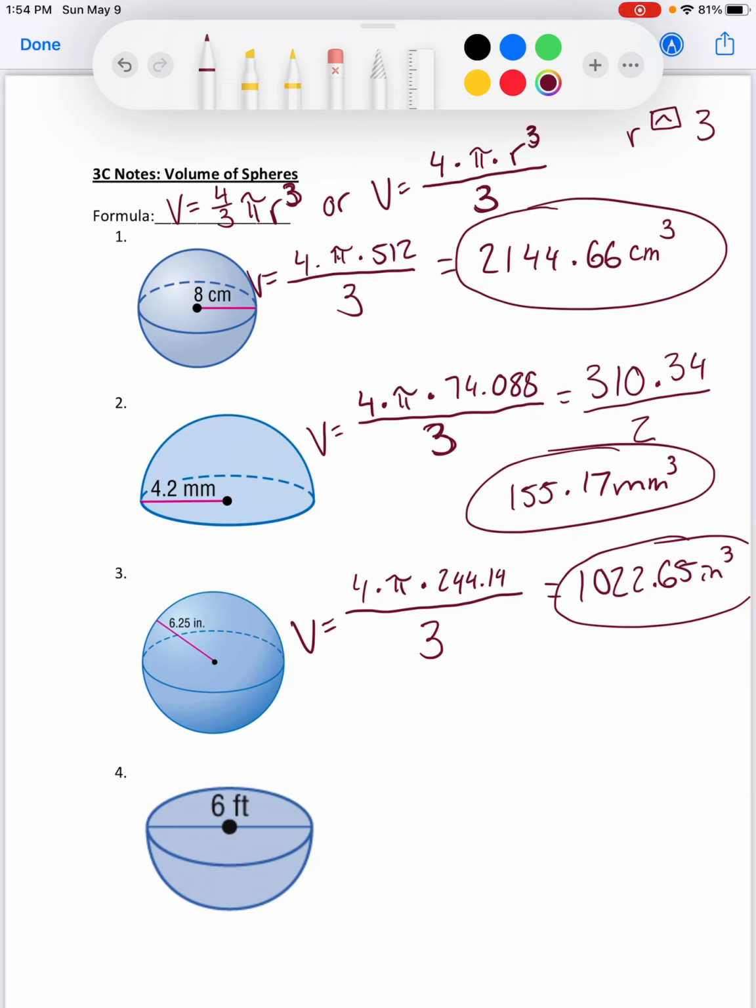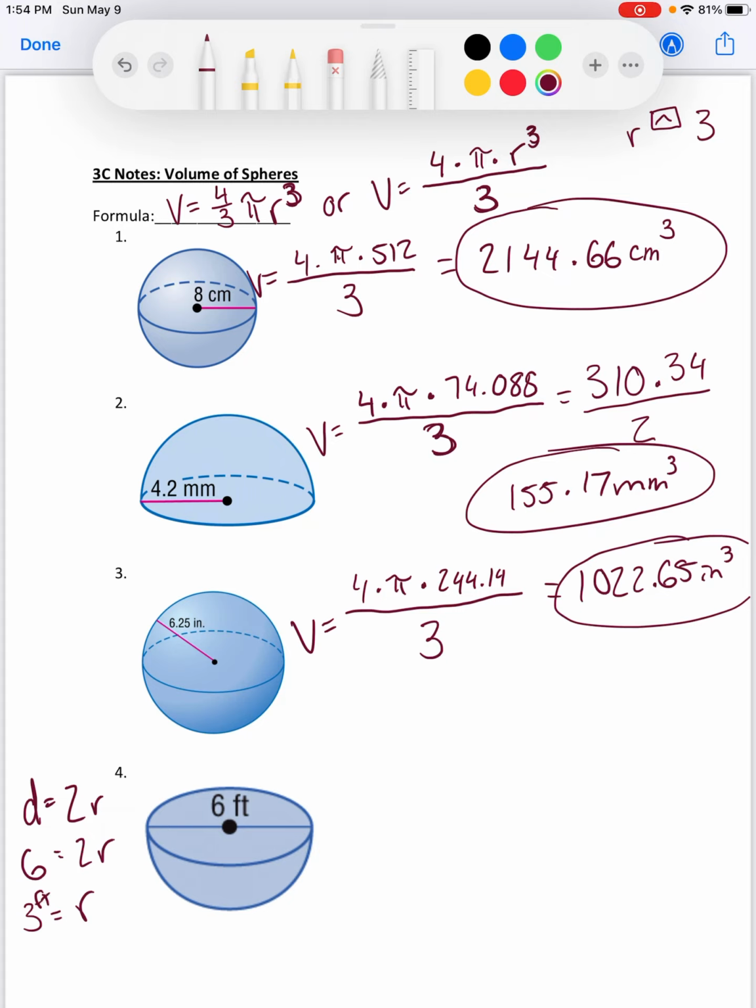Now our final problem, they give us a diameter of 6 feet. So our first step would be to calculate what the radius is. And since the diameter is, of course, 2 times the radius, and in this case our diameter is 6, our radius is going to equal 3 feet.